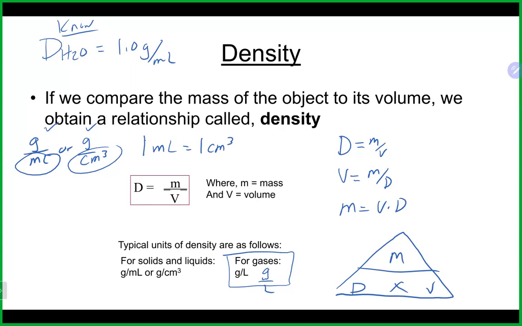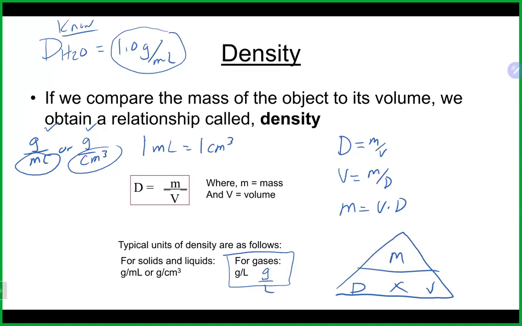But it is a pretty safe bet, like in lab, that if you come across a problem and you need the density of water and it's not given to you, using 1 gram per milliliter is usually a pretty safe bet. But it does definitely change with temperature as well.